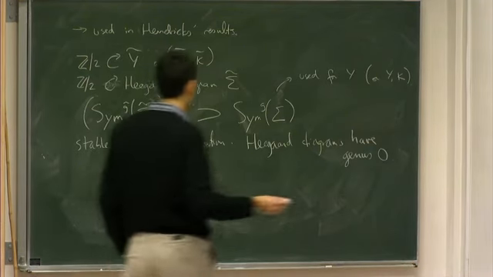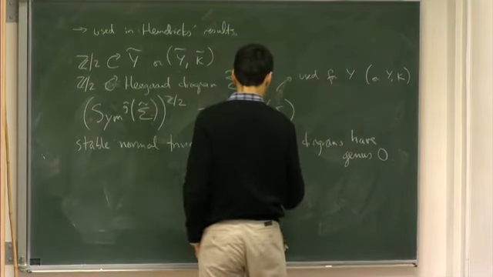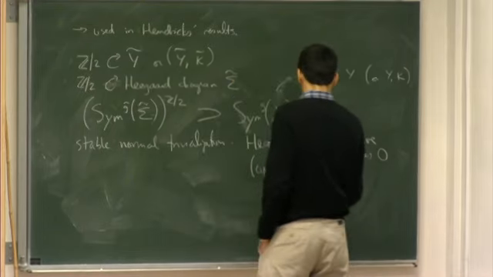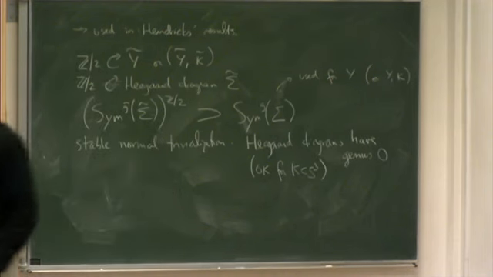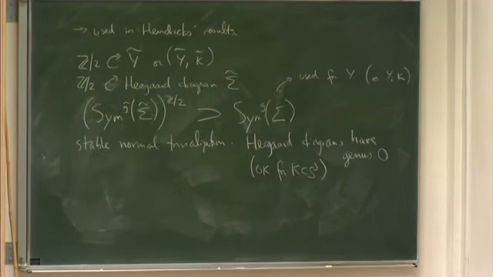For knots in S3, it's okay. You can have a bridge diagram, and that's why it works. But in principle, you should be able to prove similar results for 3-manifolds and covers in Heegaard Floer homology directly.